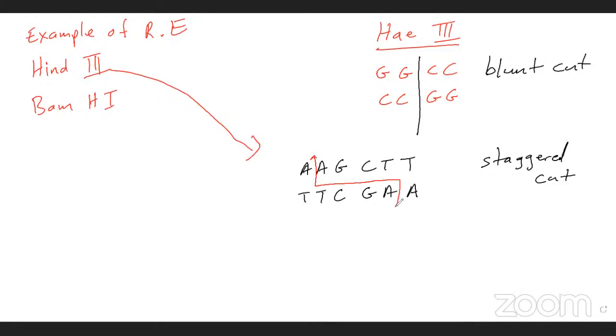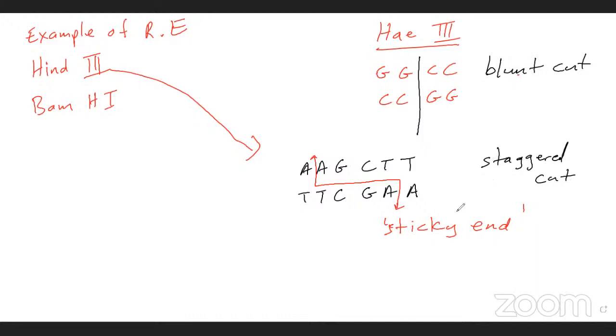So this is how it will cut the DNA, and it leaves it with sticky ends. So we call it sticky ends. All right. So you have 2 types of cut, blunt cut and staggered cut.